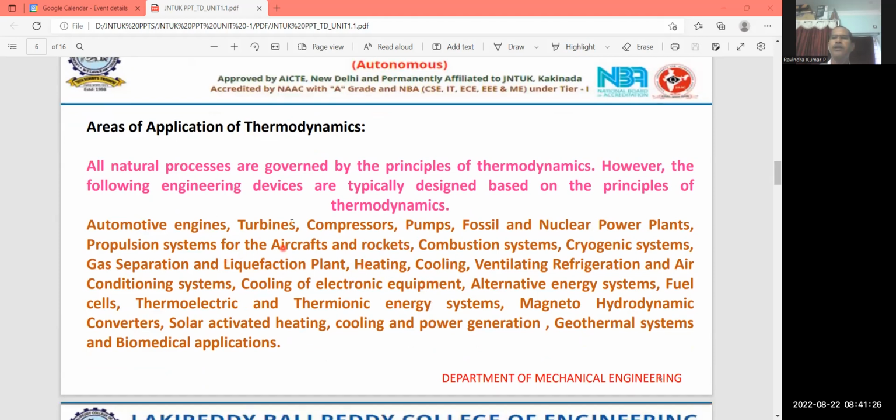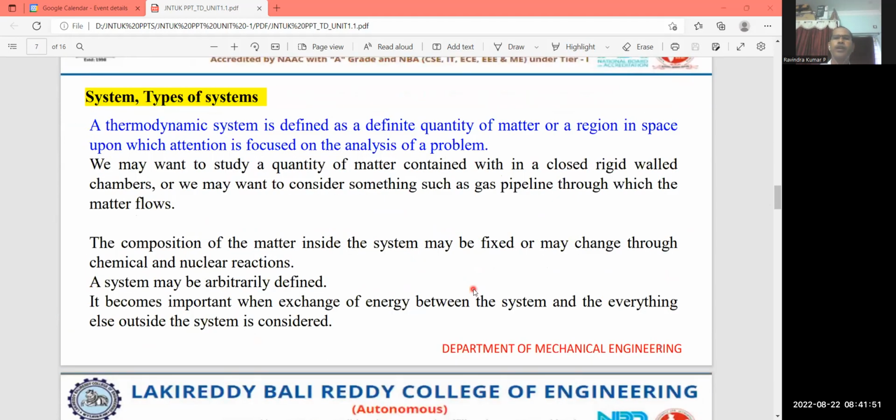Automotive engines, steam turbines or gas turbines, axial compressors or centrifugal compressors, pumps, fossil and nuclear power plants, refrigeration industries, combustion, geothermal systems, biomedical applications, cooling of electronic equipment. All these practical applications you can find in the application of thermodynamics.